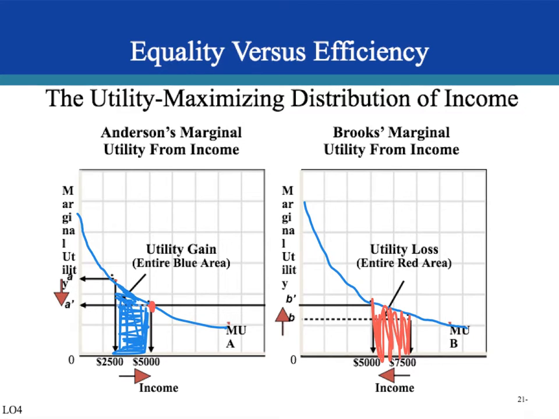Then there would be a gain in utility, and it's this entire blue area right here. So that is Anderson's increase in utility from receiving income from Brooks. However, if you look on the right, this is Brooks' marginal utility from income, and he has a utility loss from having to give some of his income to Anderson. So critics would say that Brooks then, maybe he earned a higher income because he has more education, more training, a higher talent.